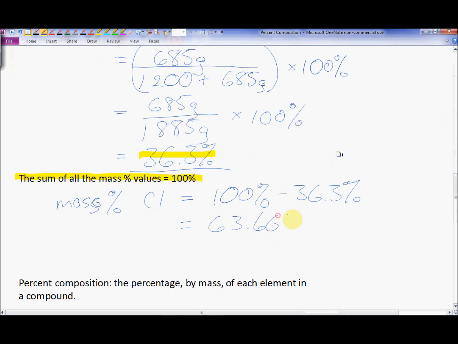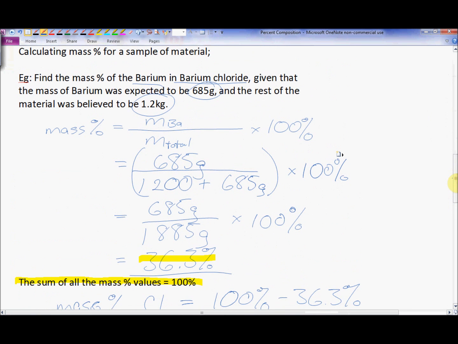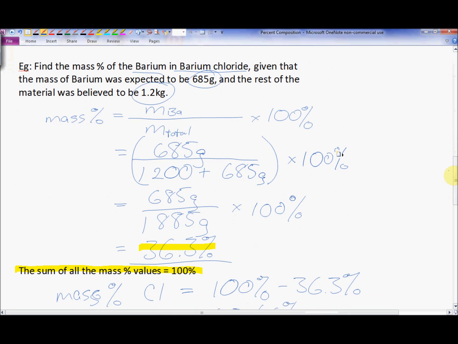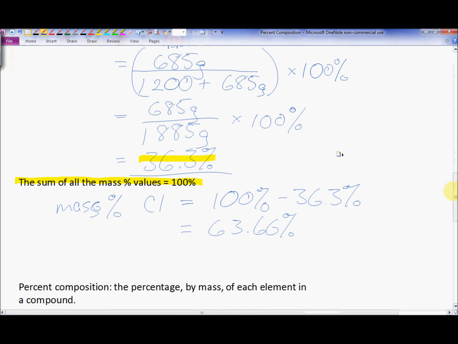So in this example of barium chloride, with 685 grams being barium, we're going to have 36.3% mass percent of barium, and then the rest is the 63.66% as chlorine.